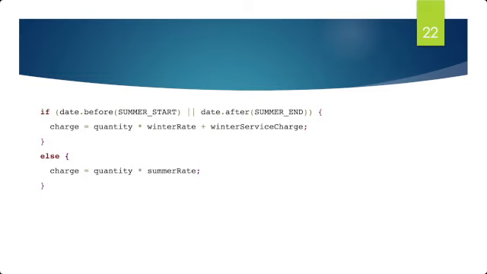Here I have an example of code, and please look at the condition in the first line of code. Usually all students tell me that we need a little time, one second or two seconds, to understand that inside this condition we have a very simple rule: that the date is not summer.